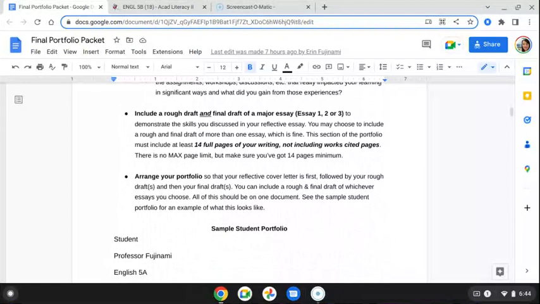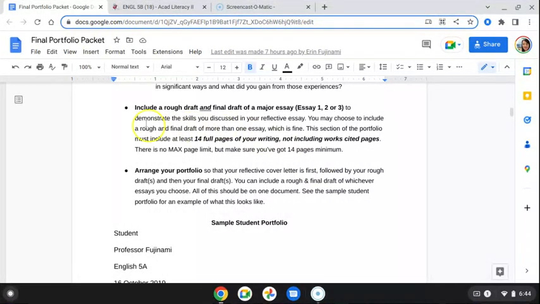So after your reflective cover letter, then you need to include your writing samples. So if you're just updating your midterm portfolio, you're already going to have 7 pages of writing samples in there, right? So that's from your first and final drafts of essays 1 and or 2. So now you need to add on to those, and you're going to do that by including essay 3.